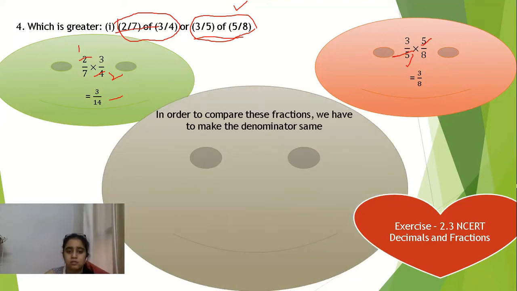So how will we make this denominator same? Here the denominators are 14 and 8, and there are two methods to make the denominator same.